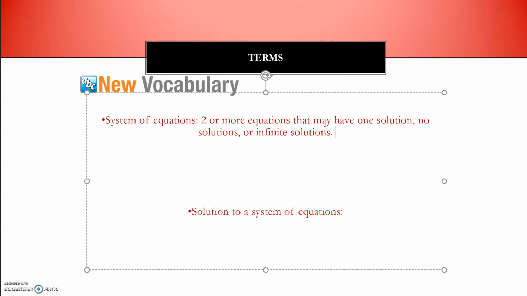So y equals 3x plus 1 and y equals 1 half x plus 5. Let's just say, for example. That's a system. And that system, we say, has one answer, more than one answer, infinite solutions, or no answer at all.